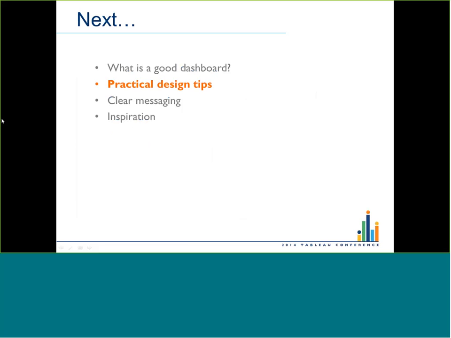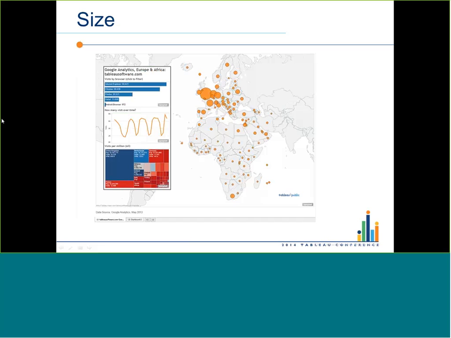So the number one is size. When you're choosing the size for your dashboard, we don't want to choose automatic. So we don't want to set the dashboard size to automatic, meaning the dashboard will adjust to whatever screen it's being viewed on, for various reasons.